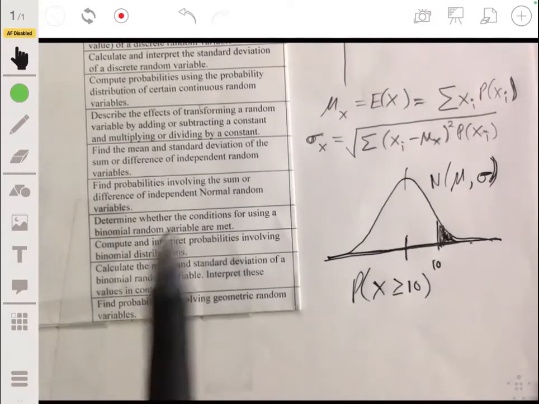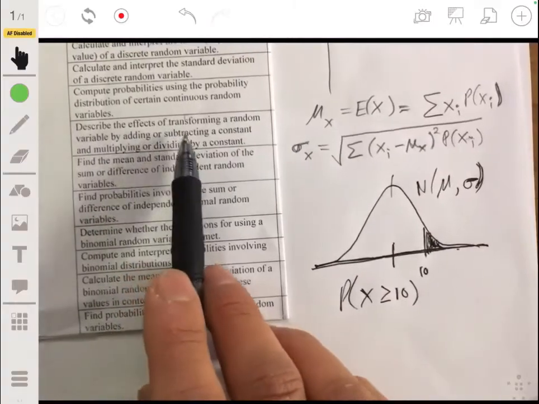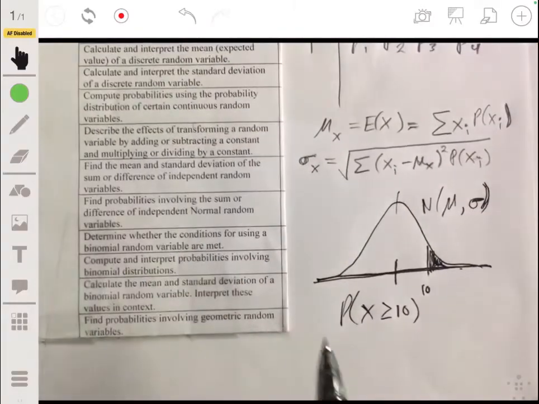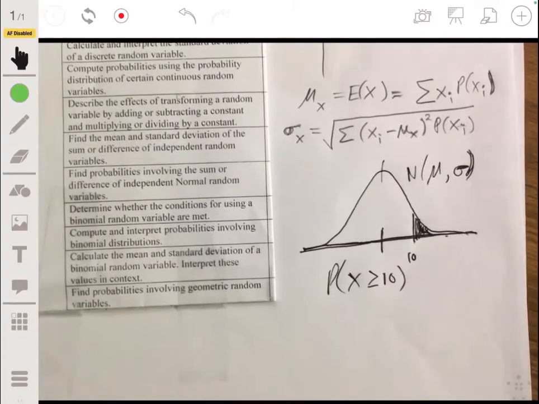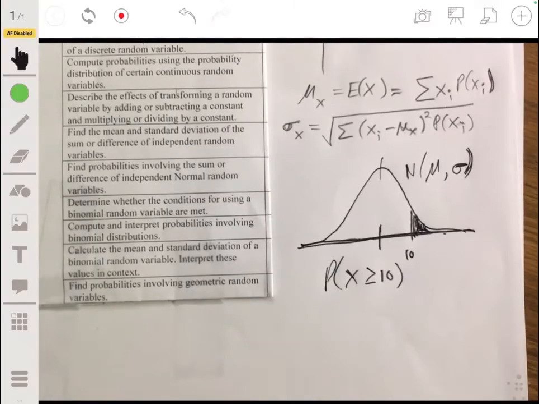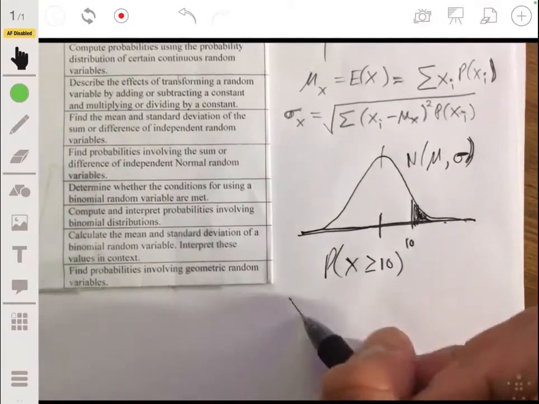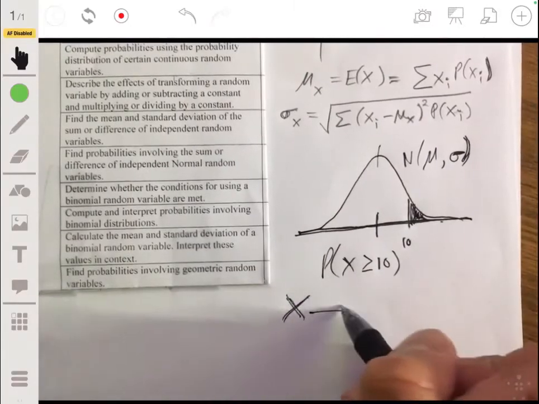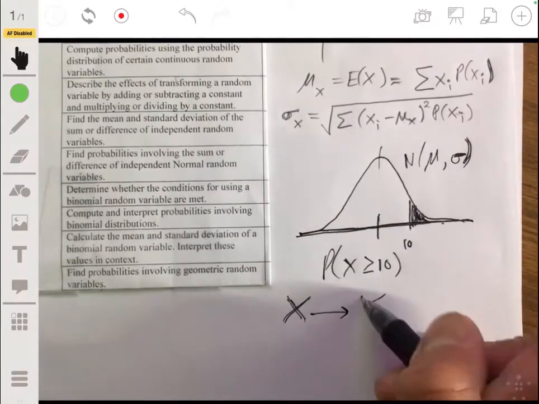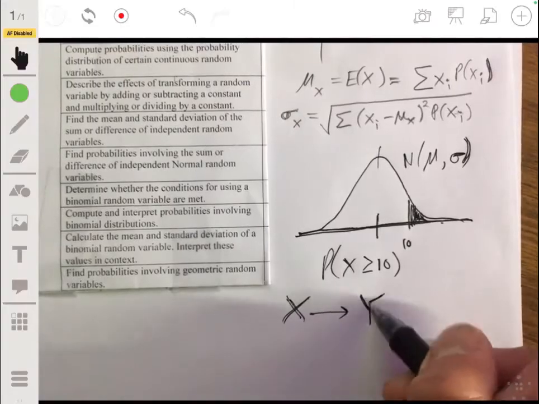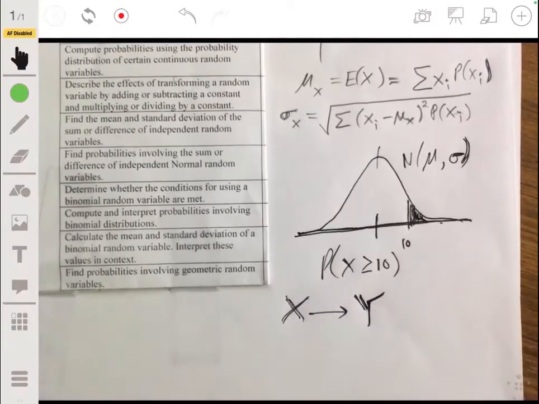All right, let's look at now how we describe the effect of transforming a random variable by adding or subtracting a constant and multiplying or dividing by a constant. Now, this is actually pretty similar to what we did in chapter 2, where we had a variable, let's say x, and we want to change x into another variable, y.